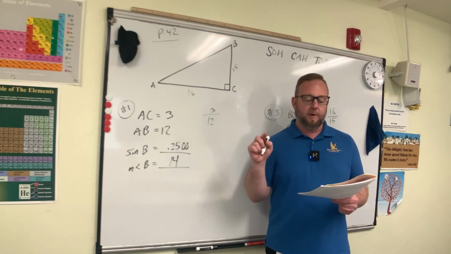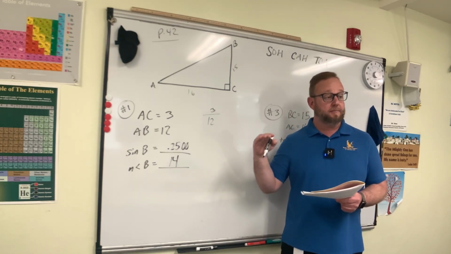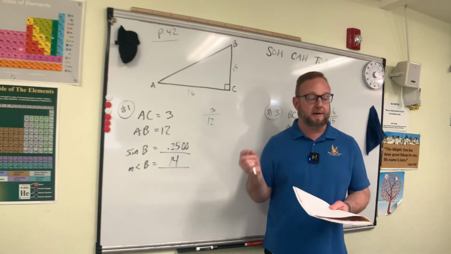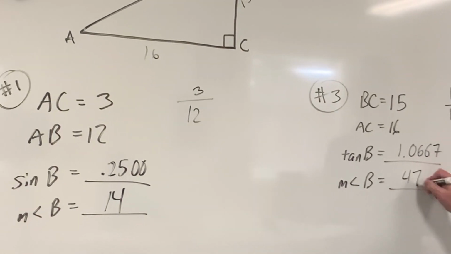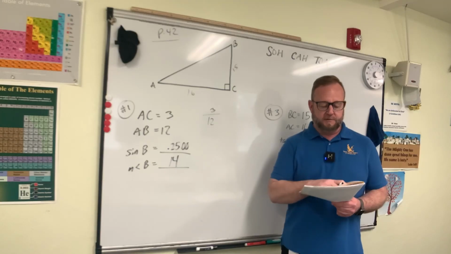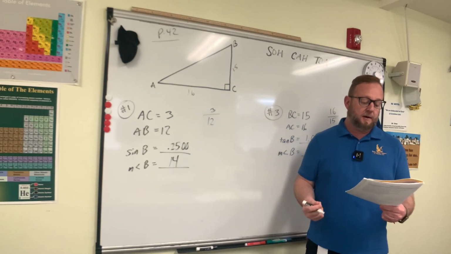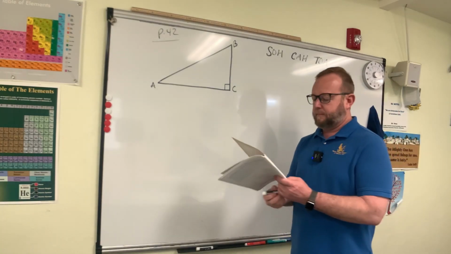If you look at where 1.0724 is in your column, you go across the corresponding row and find which angle it corresponds to. Angle 47. So 2 and 4 are the same as what we just did. You're going to use more cosine functions in those, but it's the same idea.